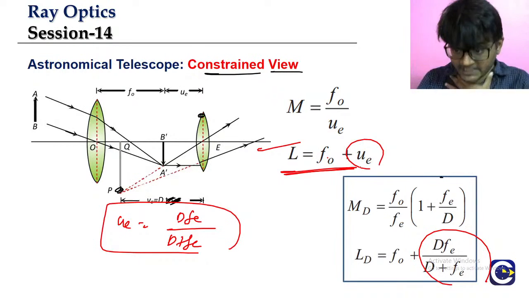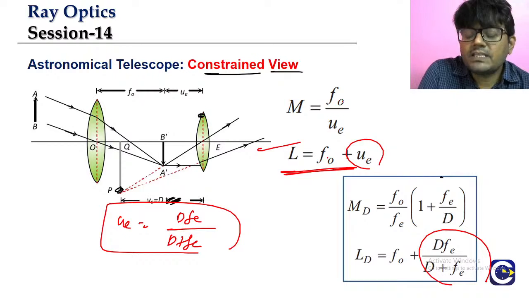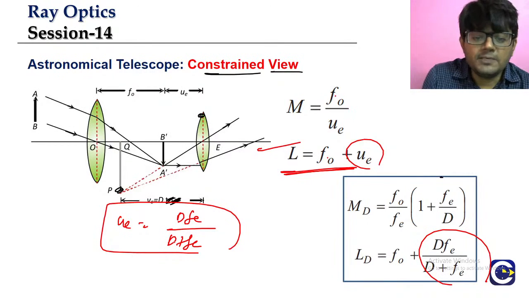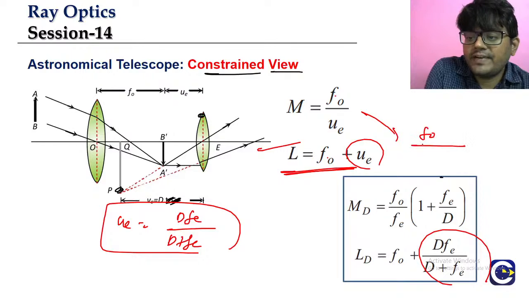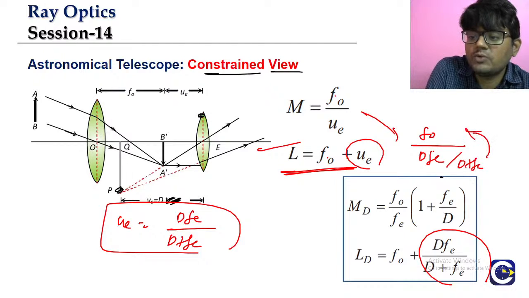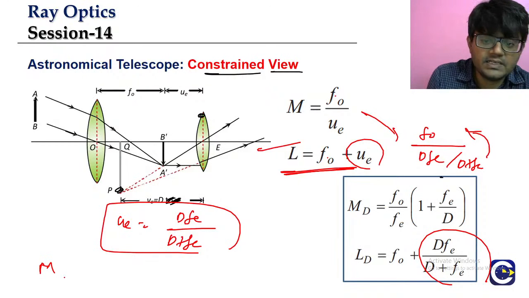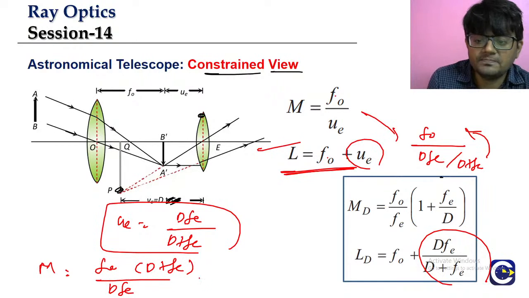What about the magnification? FO by UE means FO divided by D into FE by D plus FE. So this will go to the numerator. Magnification is FO into D plus FE by D into FE.